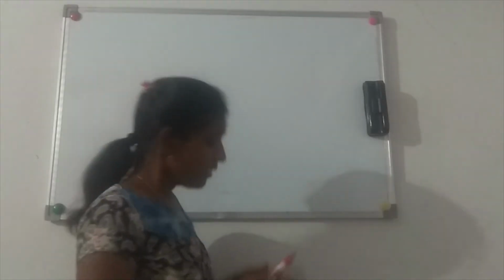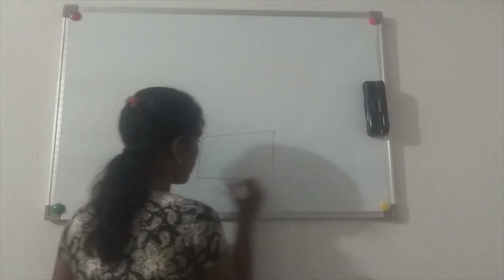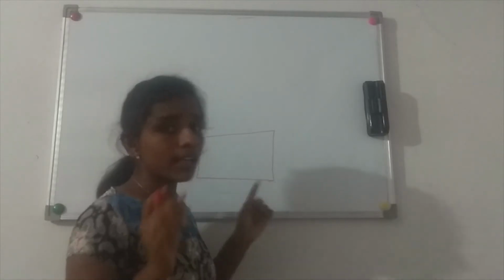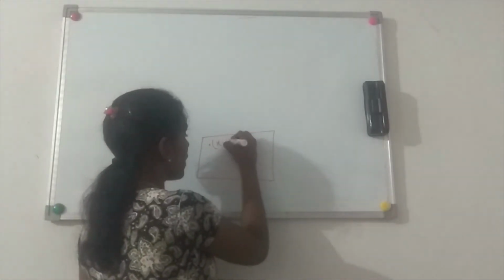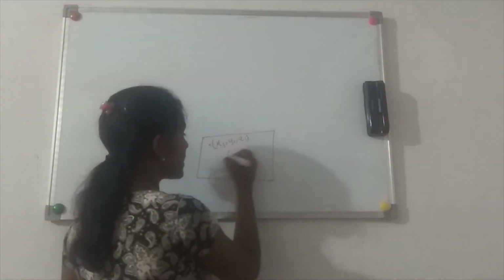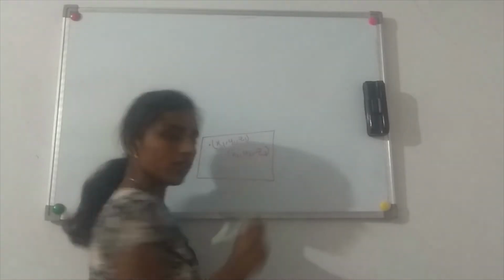So now there is another thing, that is, if there is a plane, and you have been given 2 points on a plane. One is x1 comma y1 comma z1, and the other point is x2 comma y2 comma z2. Got it?